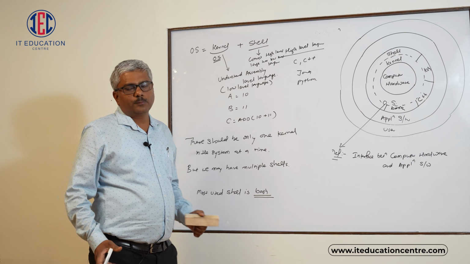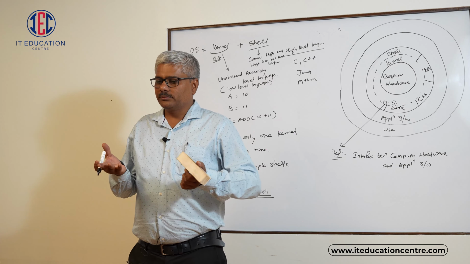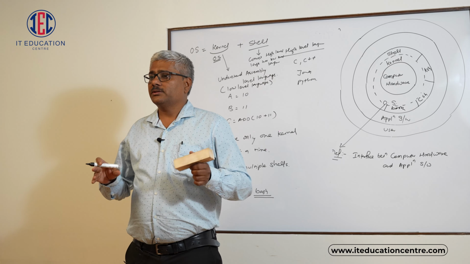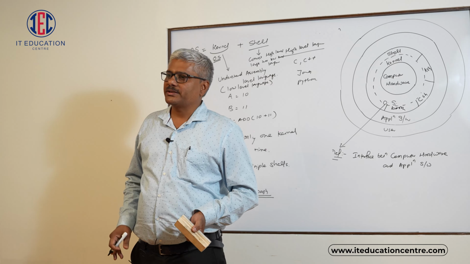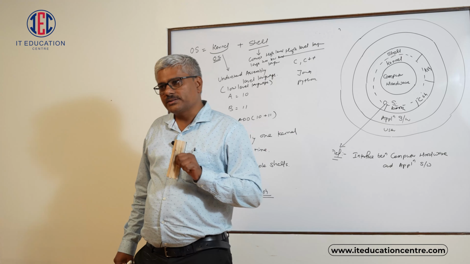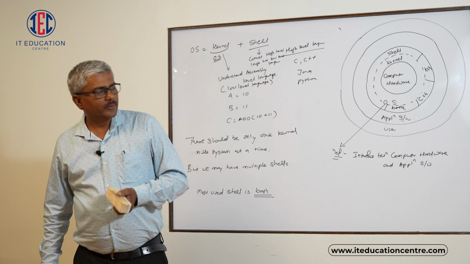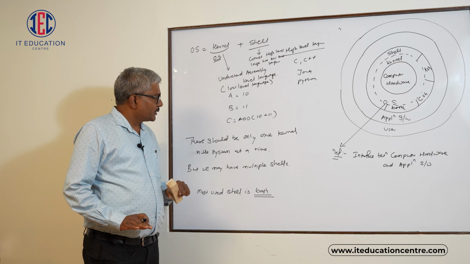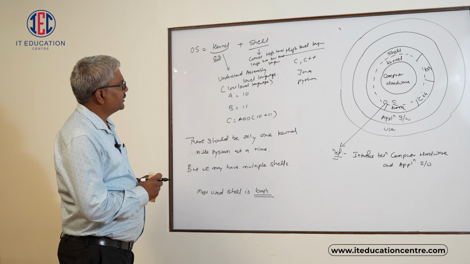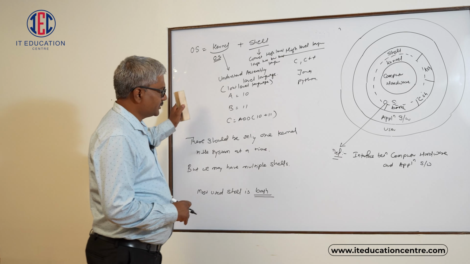Why bash? It's open source, and most of the features present nowadays are available in the bash shell. So most Linux operating systems use bash shell as the default shell. I think your doubts are cleared.